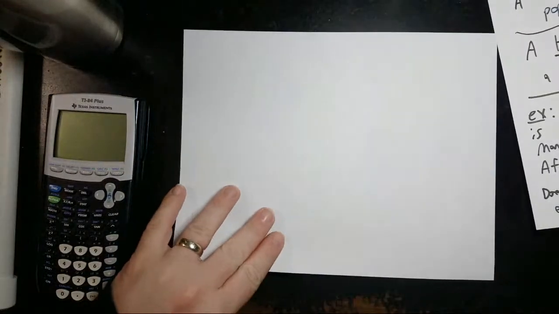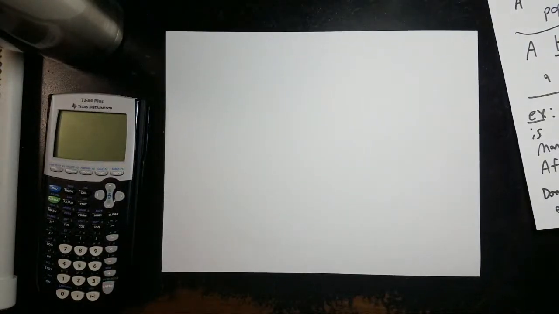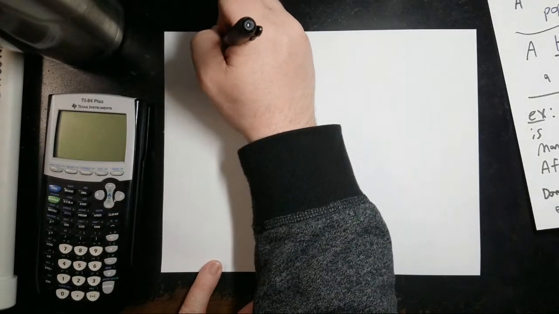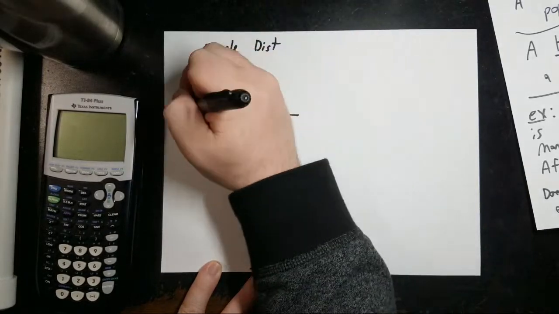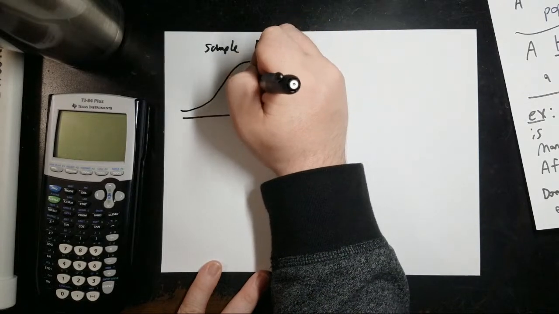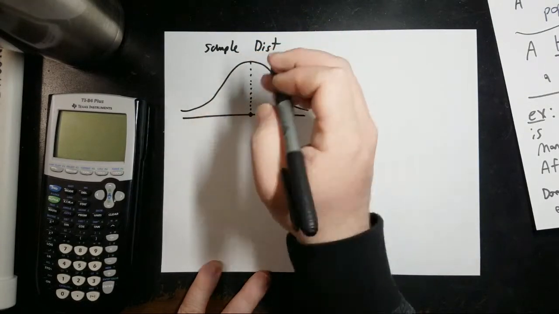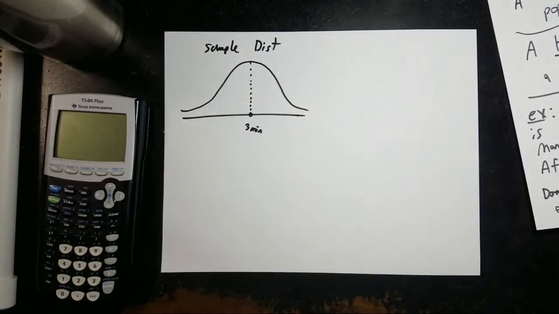There is a general idea, and I'm going to put that information there because I'm going to need it in a moment. There is a general idea of a sample distribution that is shaped like the normal curve with the claim of 3 minutes being right in the middle.